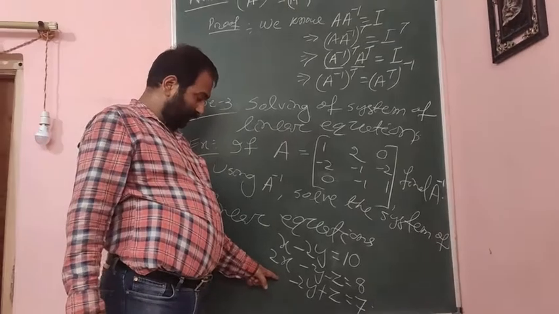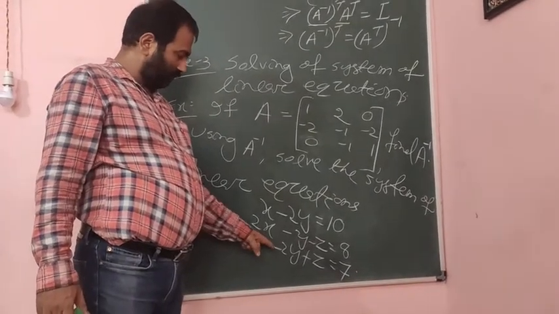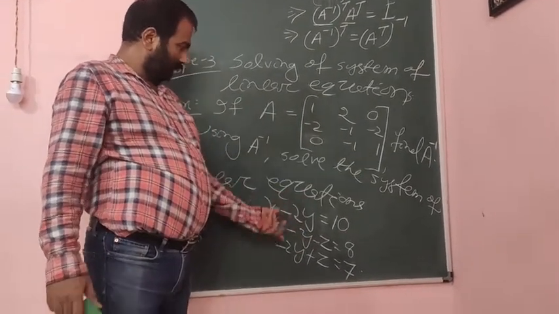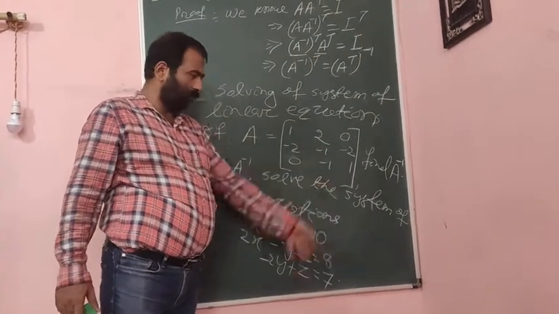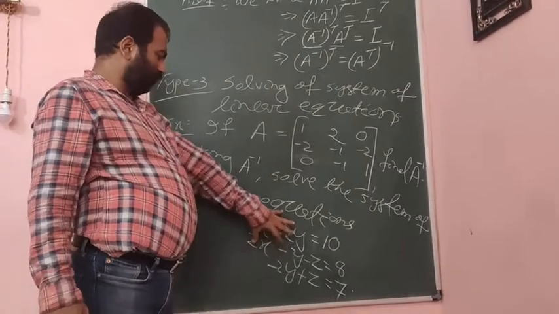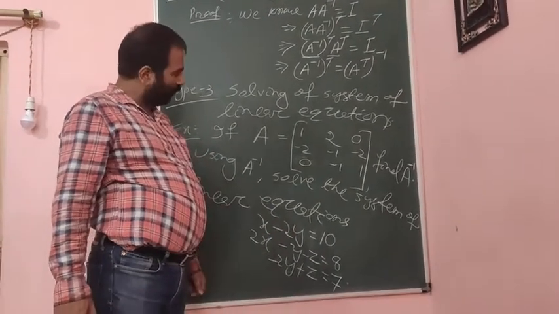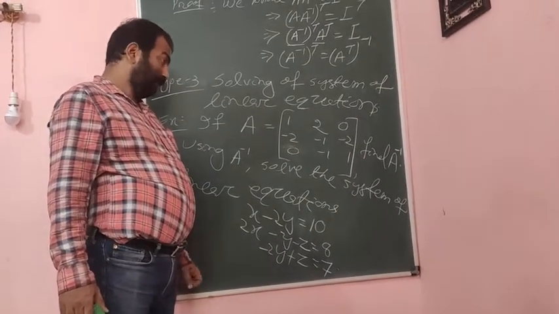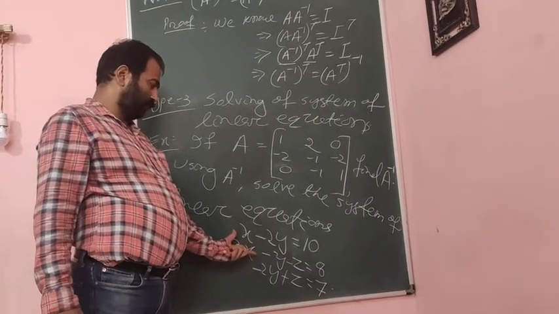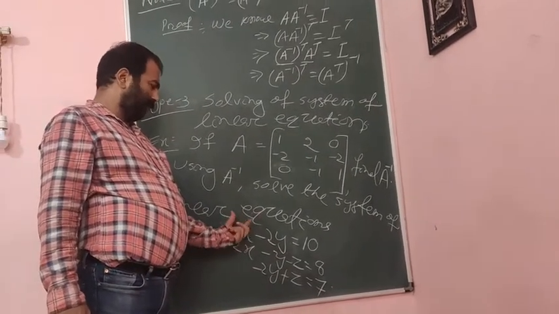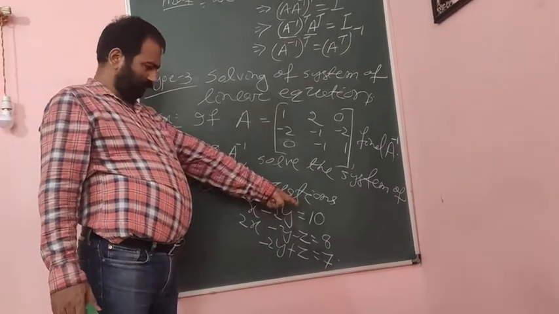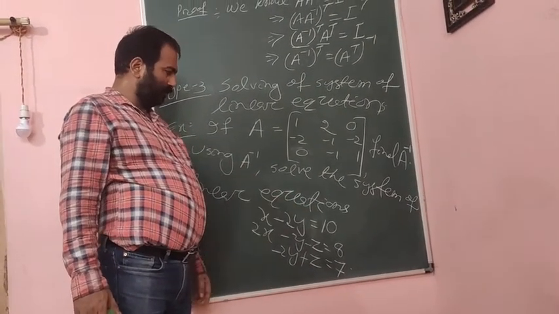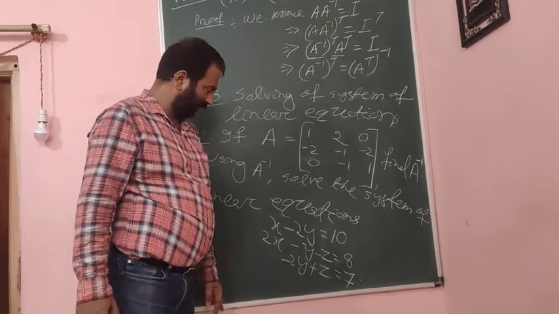Here x is absent, meaning the coefficient of x is 0: 0, minus 2, 1, column wise. Meaning the coefficient matrix here is not A, it is A transpose. So we have to write A transpose into capital X equal to B. So X equals A transpose inverse whole into B.